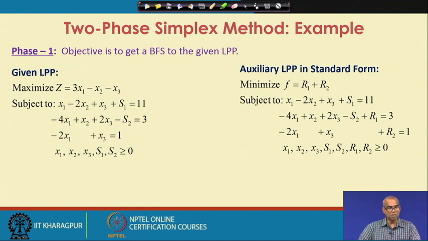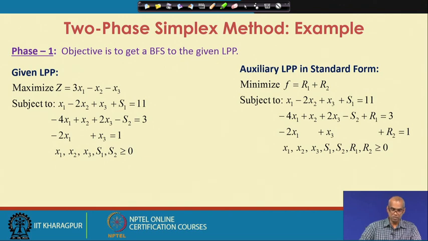So, just to give you an example, let us consider the linear programming problem as shown. In phase 1, the objective is to get a basic feasible solution to the given linear programming problem.